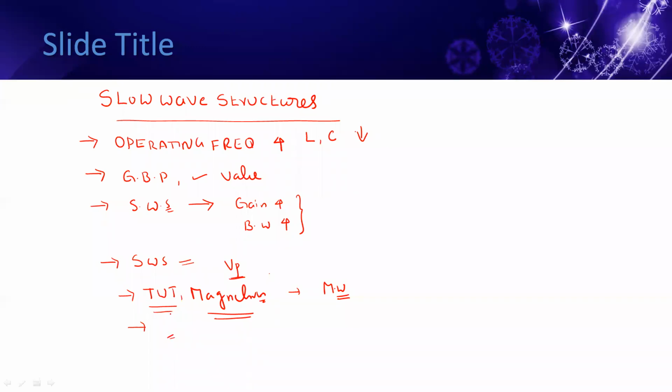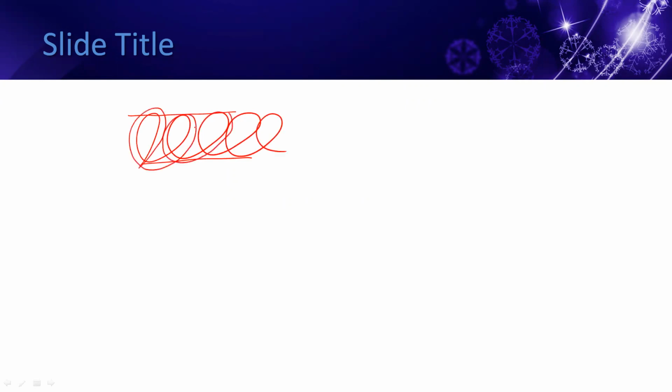Here we are introducing several types of slow wave structures. I am drawing the different slow wave structures. Slow wave structure one is like a helix copper wire; this is simply an example with a helix.